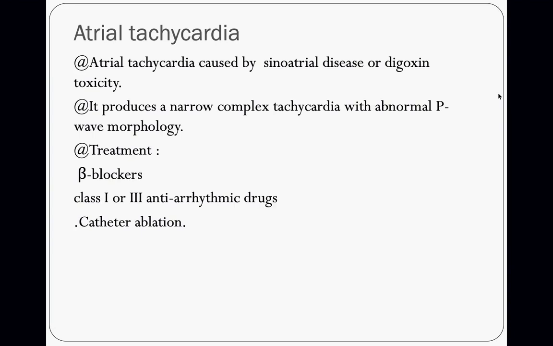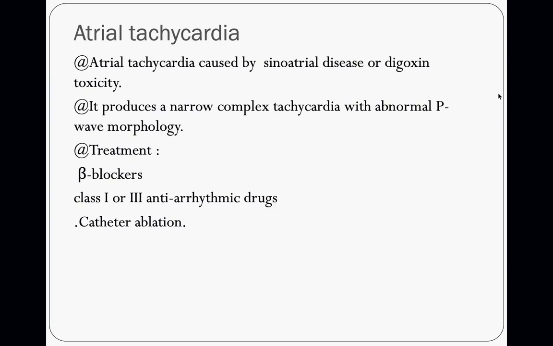Next slide. Next, atrial tachycardia. Atrial tachycardia is caused by SA node disease. That is, when the SA node is defective and cannot generate automaticity, the atrial myocardium will take over the automaticity and generate the heart rate.